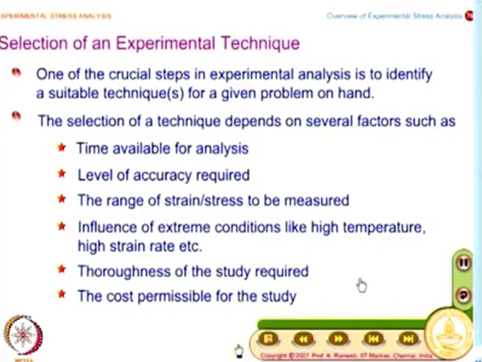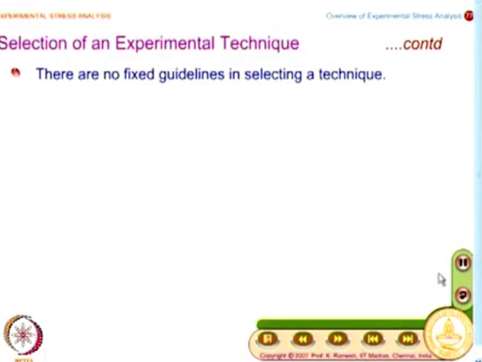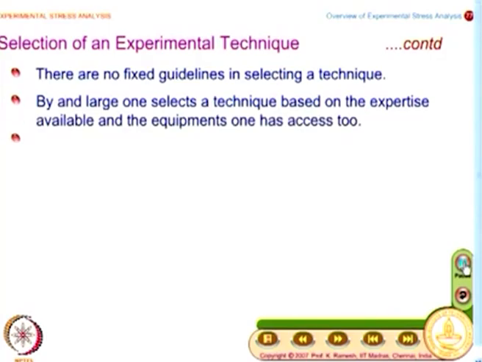So, all these factors are very important, and when you have looked at these factors, what way should we go about? And as I mentioned earlier, there are no fixed guidelines in selecting an experimental technique, and by and large what will you do?